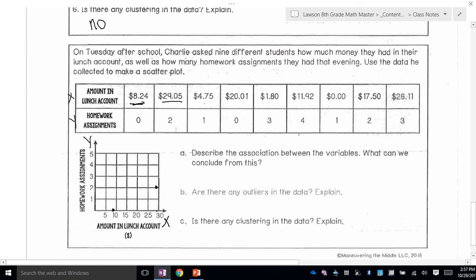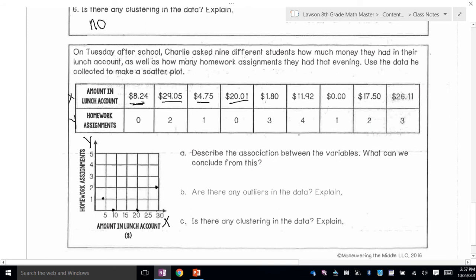The third student at $4.75 has one homework assignment. That'll be just before $5, and I'll put a point there. Our fourth student at $20 and a penny has 0 homework assignments, so I'm going to put a point right at the 20. It'll be close enough to 20.01.